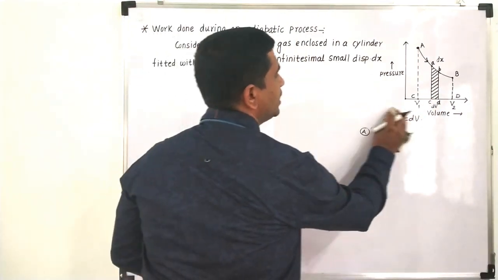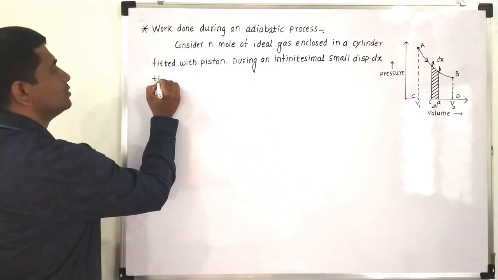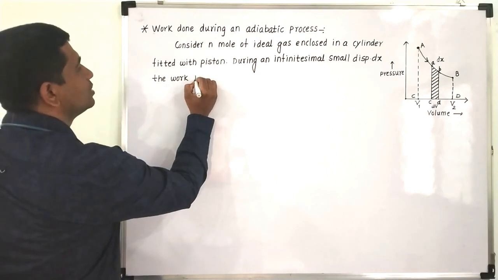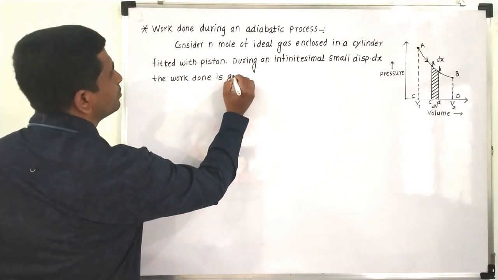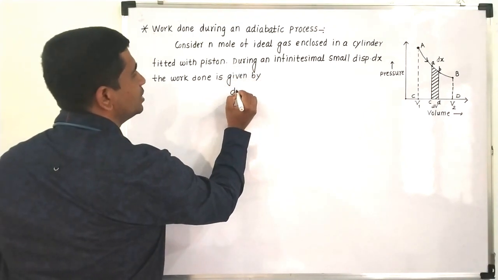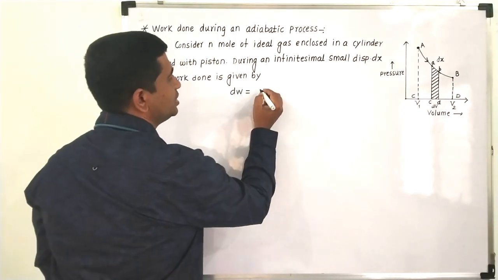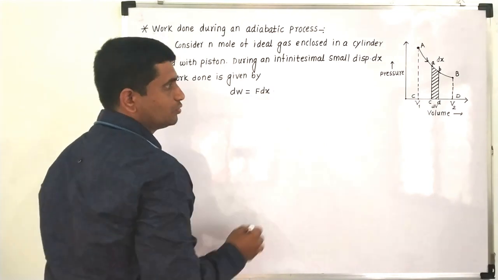So during this infinitesimal small displacement, the work done is given by dW. The formula for work done is dW is equal to force into displacement.